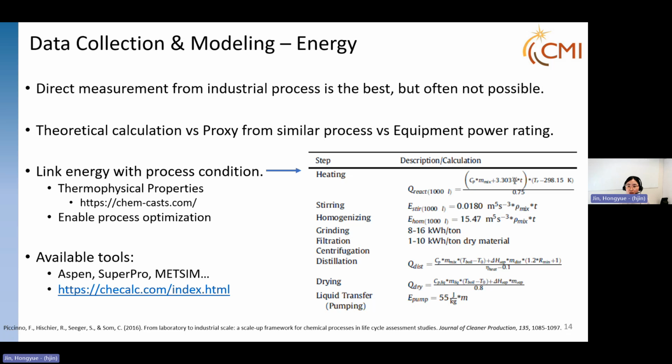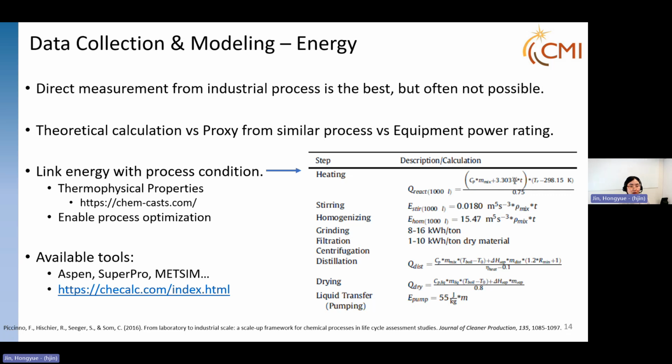My students use this website to get some properties such as vapor pressure, density, heat capacity, enthalpy, entropy, viscosity, thermal conductivity, heat of evaporation, etc. And within CMI, we have several teams, several institution members who work on this, measuring these properties or predicting these properties in the cross-cutting research focus area.